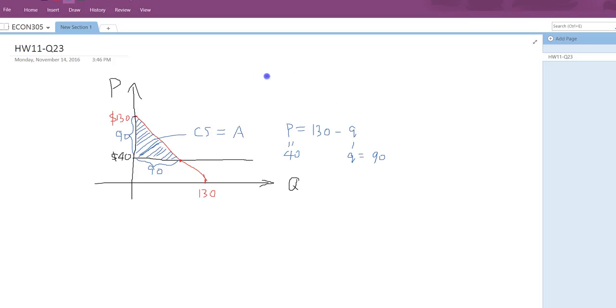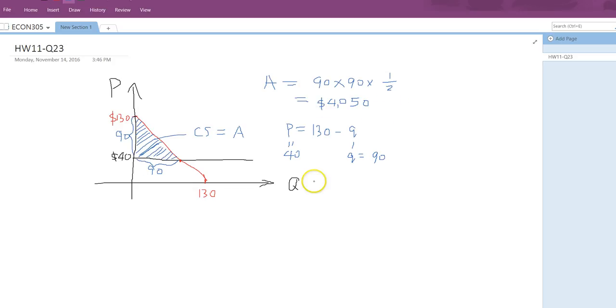Now we can calculate the area of this triangle. The access fee A equals the base times height times 1/2. 90 times 90 is 8100, over 2 gives me 4050.